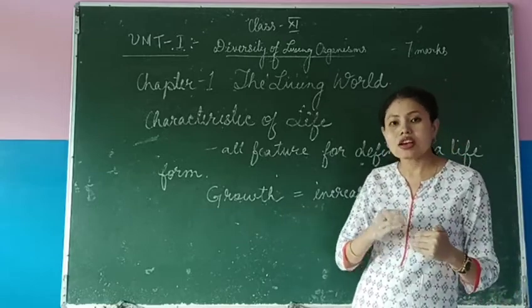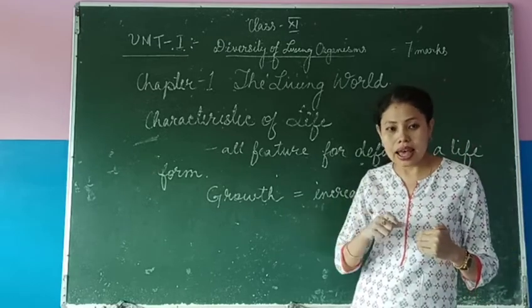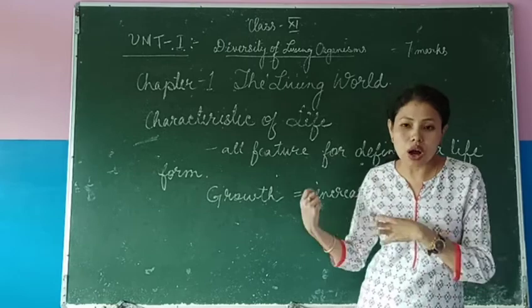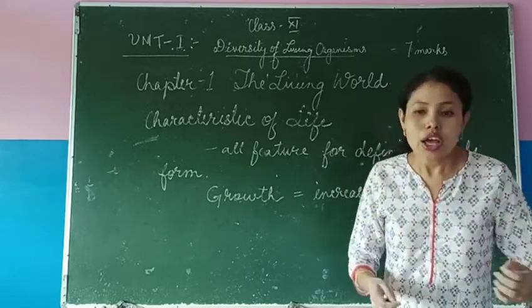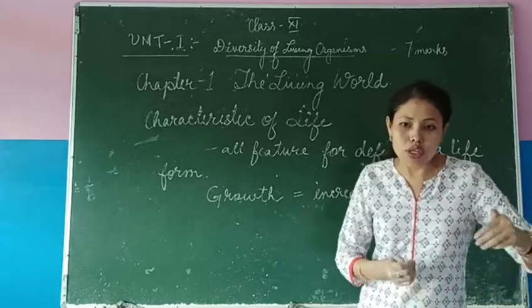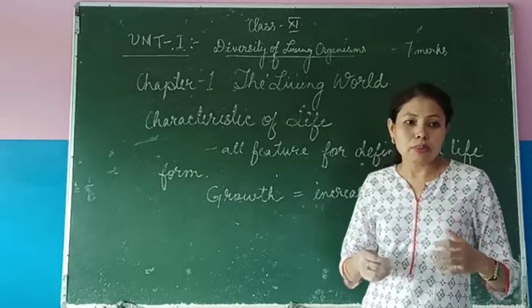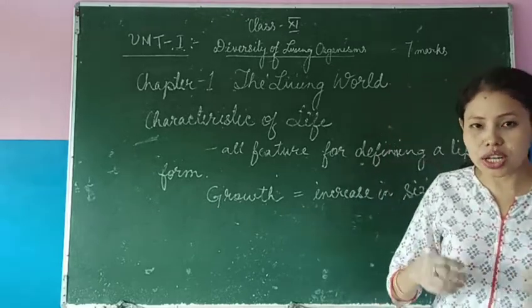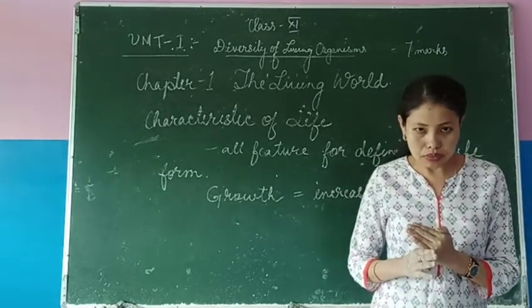However, in the case of animals, growth is not localized; it occurs throughout the body. See, it's not only your nose that grows, or only your foot, or only your fingers. All your body parts grow in a proportionate way, and it is also limited.